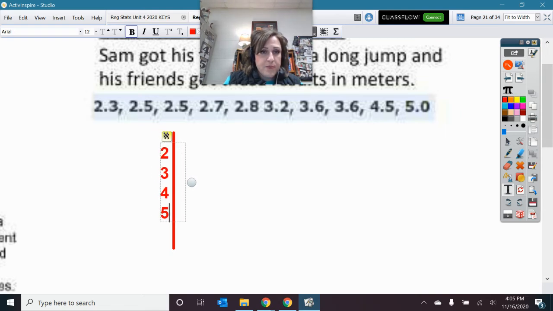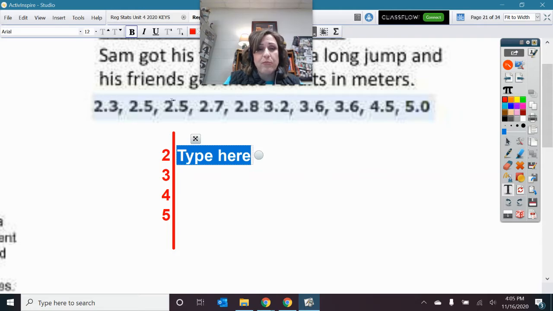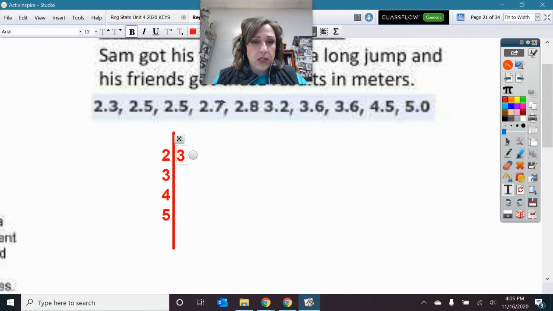Okay, so there's my stems. All right, so now I just need to order them and put the ones. So the ones that go here on the 2s are, it's nice that these are in order. 0.3, 0.5, 0.5. So we've got 0.3 space 0.5 space 5, 7, and then 8.